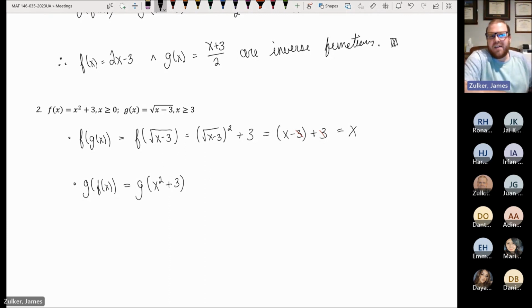Now we want g of f, right? That's g of x squared plus 3. Whenever there's an x in g, replace it with x squared plus 3. Now, since x is greater than or equal to 0, that would make x squared plus 3 greater than or equal to 3. So this is defined.